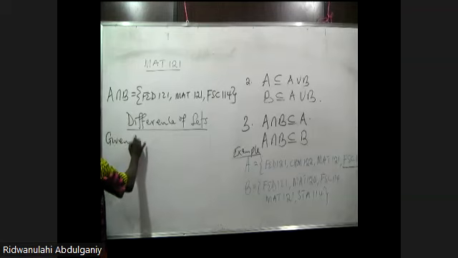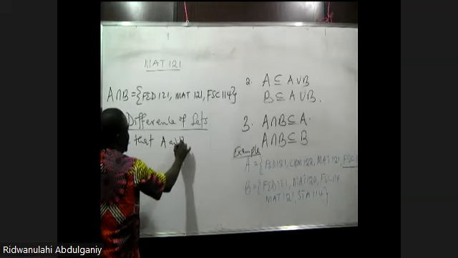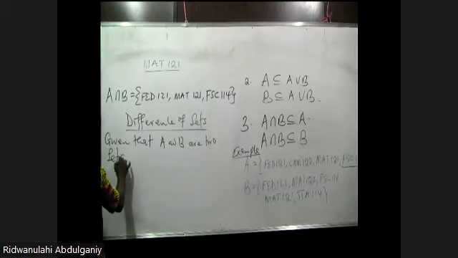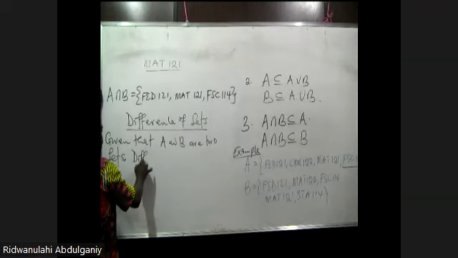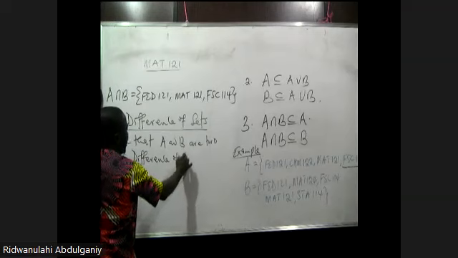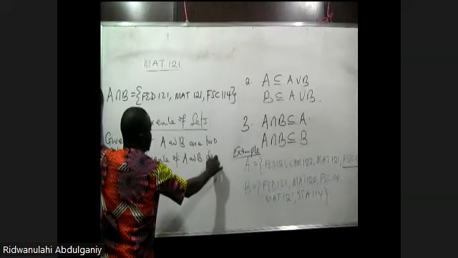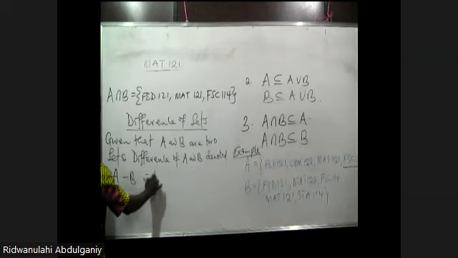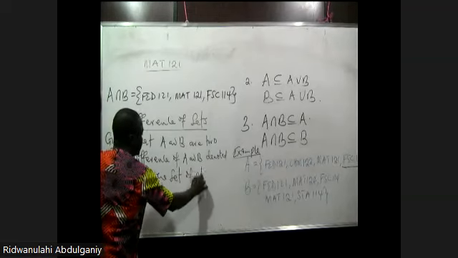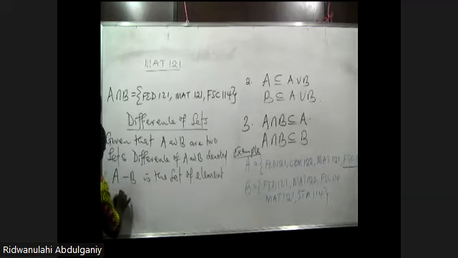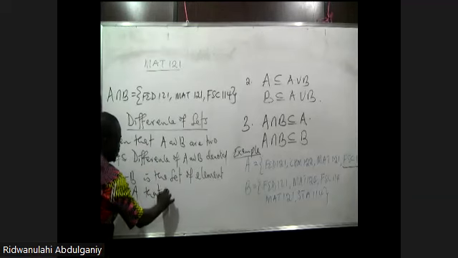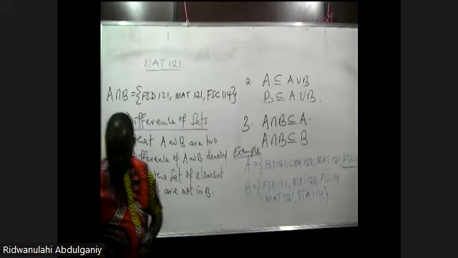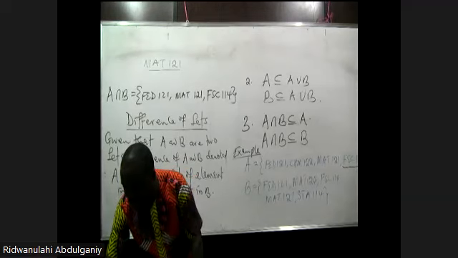Given that A and B are two sets, the difference of A and B, denoted A minus B, is the set of elements in A that are not in B. That is the definition of difference of sets.